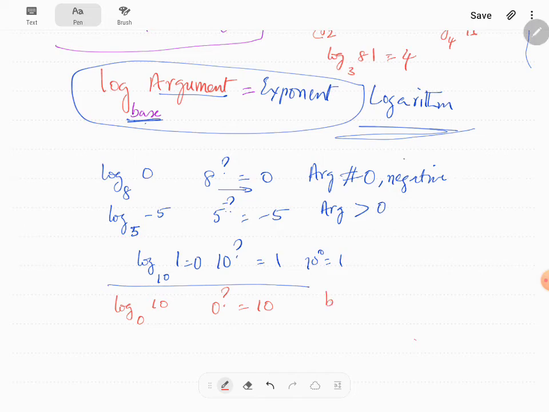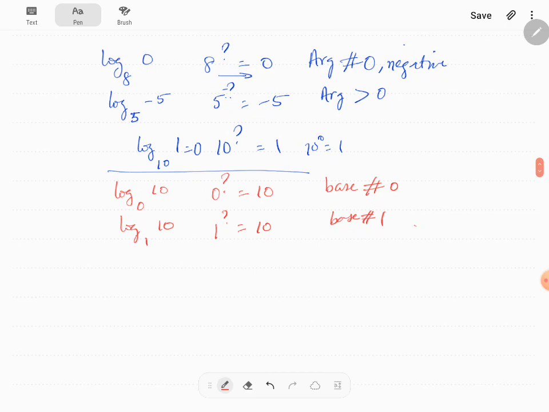So the base cannot be 0. Can the base be 1? If I take the same example, log 10 to the base 1, it's like asking 1 to the power of what is 10? 1 to the power of any number is only 1. It cannot be 10 or any other number. So the base cannot be 1.